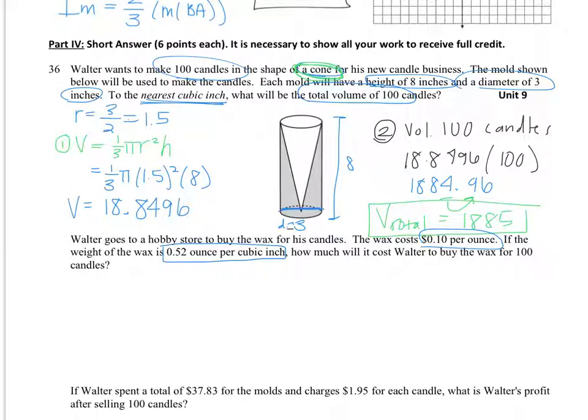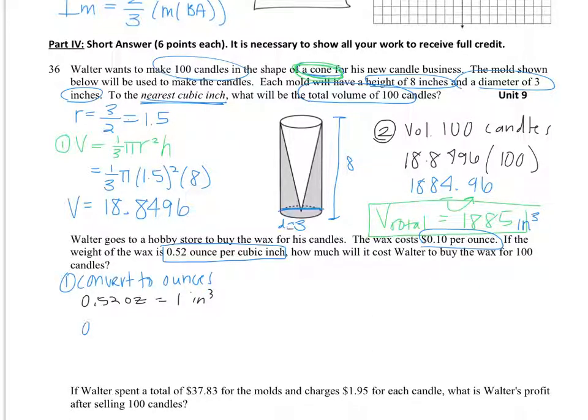So we know that the volume of 100 candles is 1885 inches cubed, but we need to convert to ounces. And it says that it's 0.52 ounces, which is equivalent to 1 inch cubed. Now there's different ways that you can do conversions here. I'll show you 2 ways, and then you can decide which way you like best.